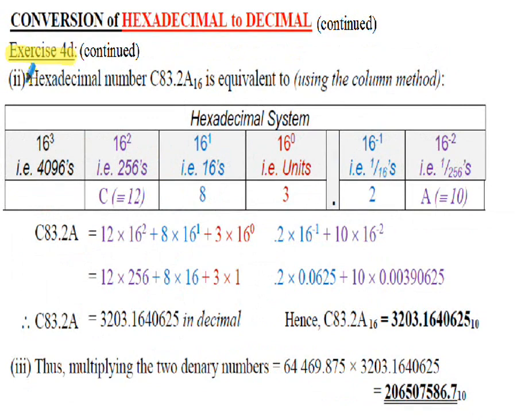Exercise 4D continued, part 2. The second hexadecimal number given in the question is again converted using the column header method into a decimal number. You can check the solution here. And then finally we're asked to multiply the two numbers together to give the answer in denary form, decimal form. So this is the final answer. I'll let you check the solution for yourselves.